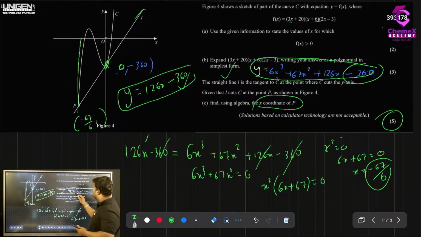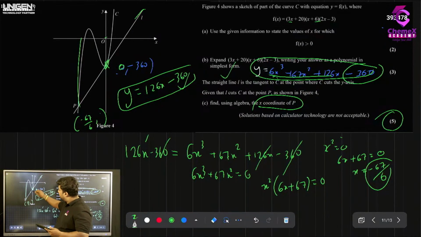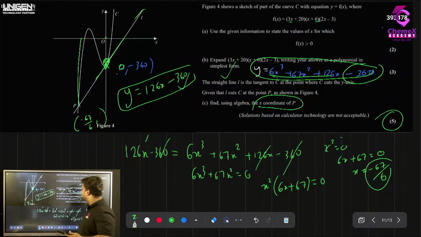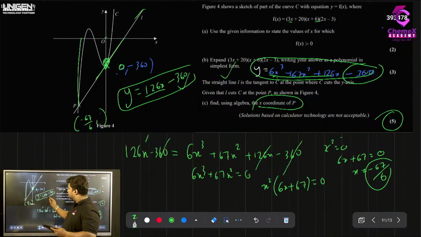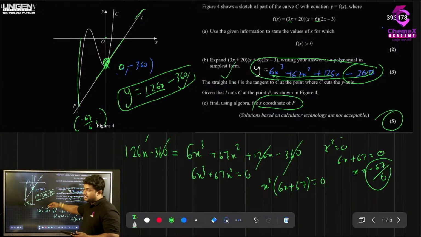Then I differentiated this, and I get the gradient at this place. So then I put x equals 0 and got the differential answer as 126. So that means the gradient of straight line L is 126. So then with 0, minus 360 I put and I got an equation y equals 126x minus 360.